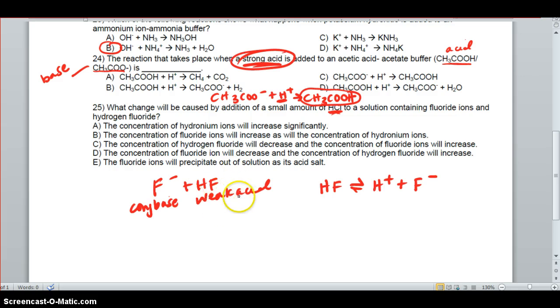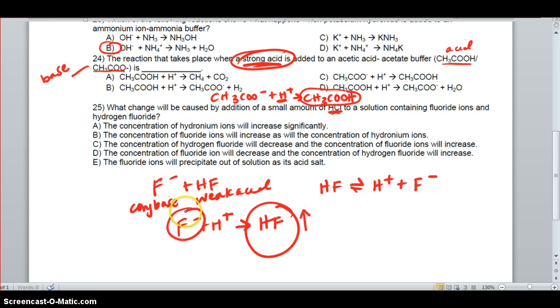The acid can't do anything to neutralize more acid. So it's your F minus that's going to deal with the H plus. And what's it going to form? It's going to form HF. So because of that, HF we would expect to increase. F minus we would expect to decrease, because that F minus is being used up to neutralize that stress.